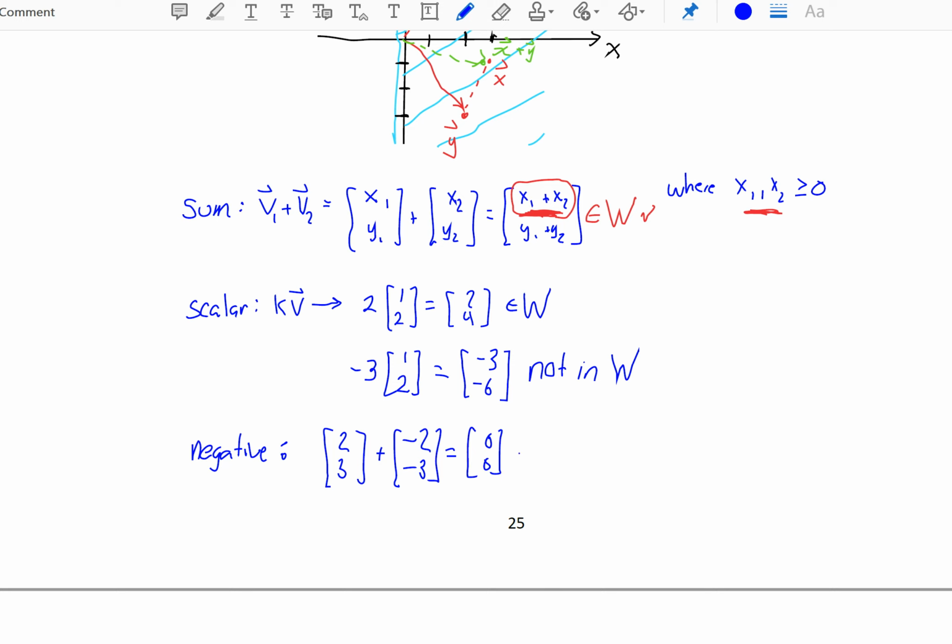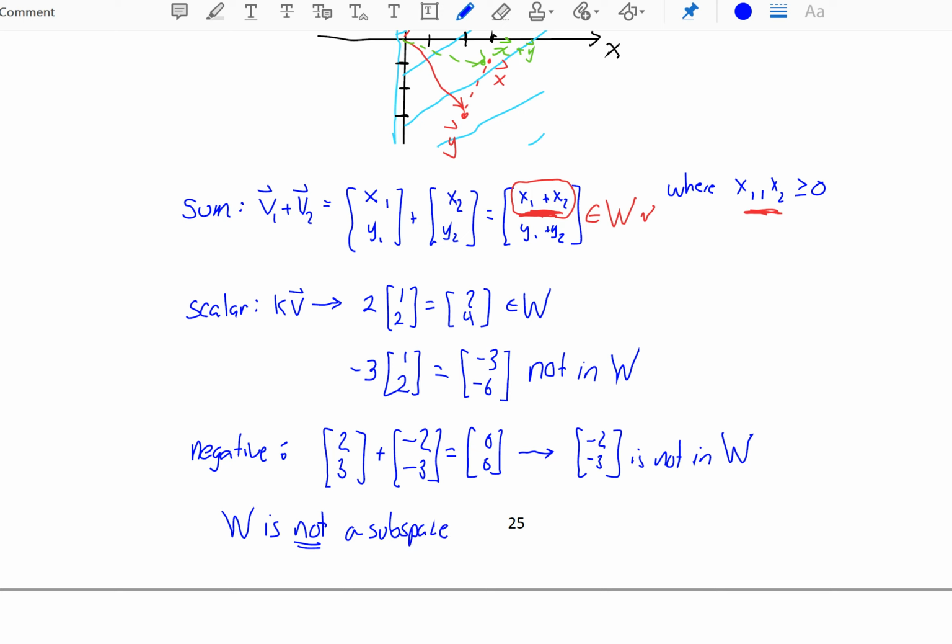But the problem is -2, -3 is not in W. So maybe putting all this together, we should be able to say W is not a subspace.